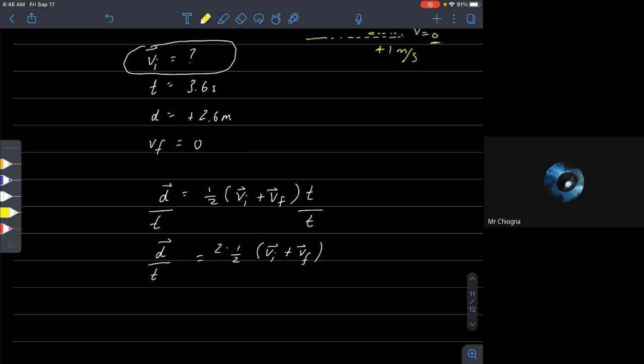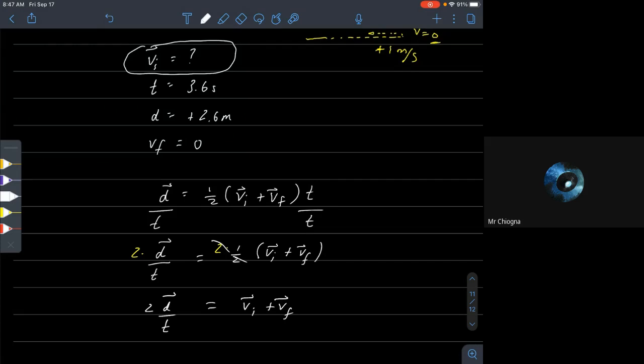Multiply the right side by 2, multiply the left side by 2. Cancels out here. So you can see, it's helpful to know how to rearrange these equations in advance.